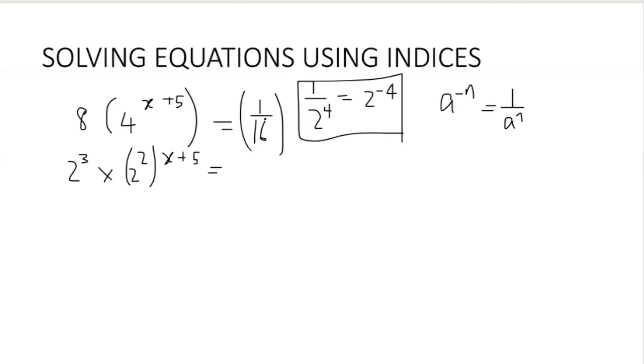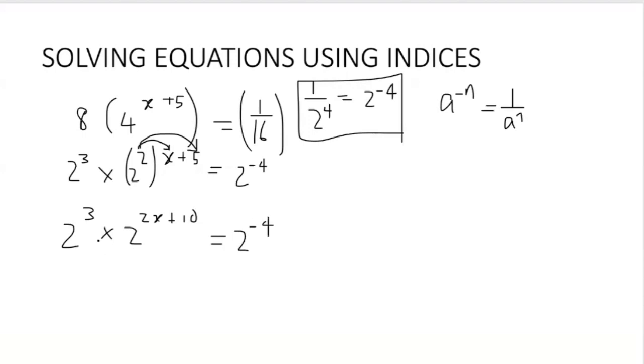So in this scenario, I will rewrite this as 2 to the negative 4. Next, this 2, I am going to distribute it. So multiplying 2 times x and 2 times 5. So I have 2 to the 3 times 2 to the 2x, that's 2x, 2 times 5, that's 10, is equal to 2 to the negative 4.